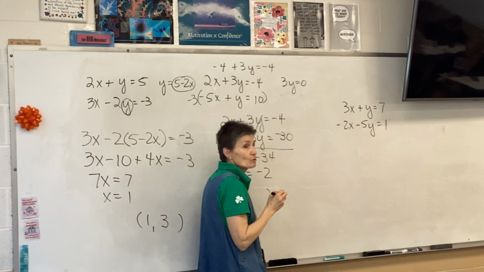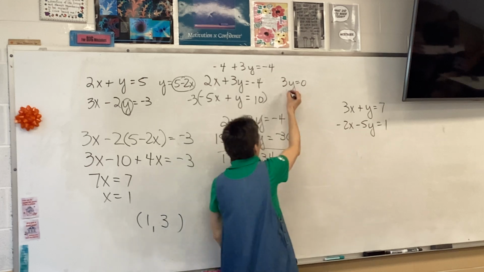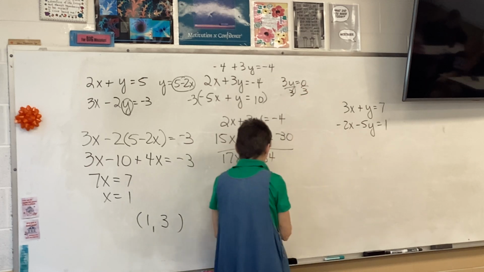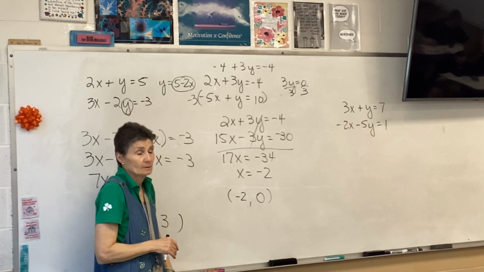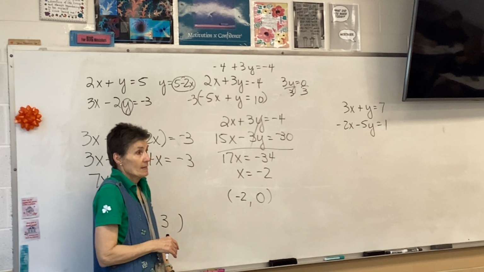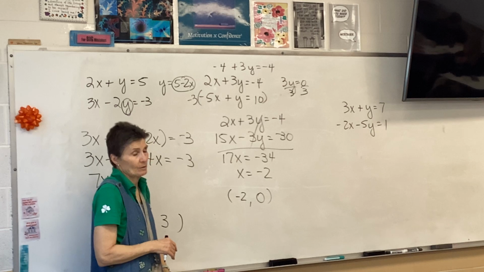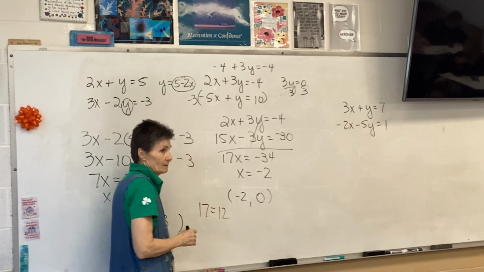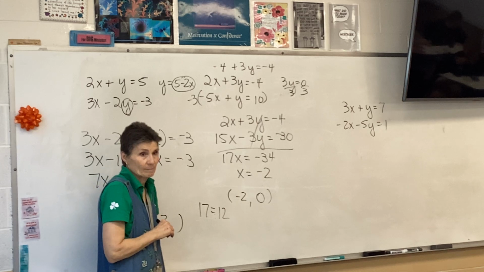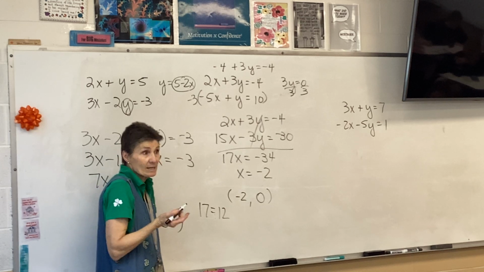That doesn't mean there's no answer. That means that y equals 0, which is perfectly okay. It's only no answer if you get something that looks like 17 equals 12. That's no answer. But y can equal 0.